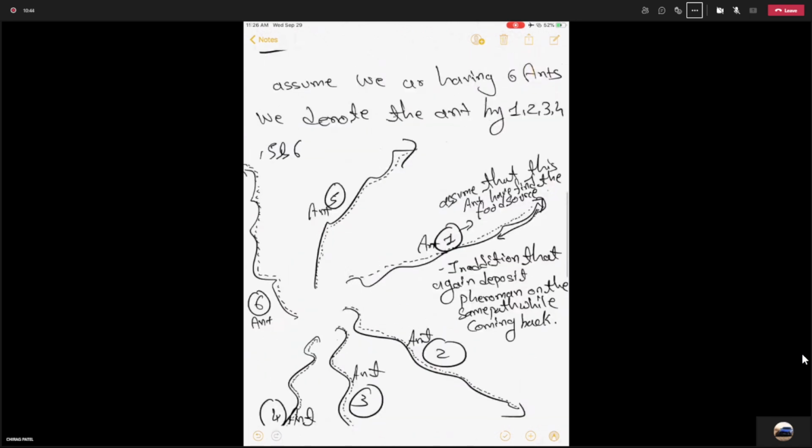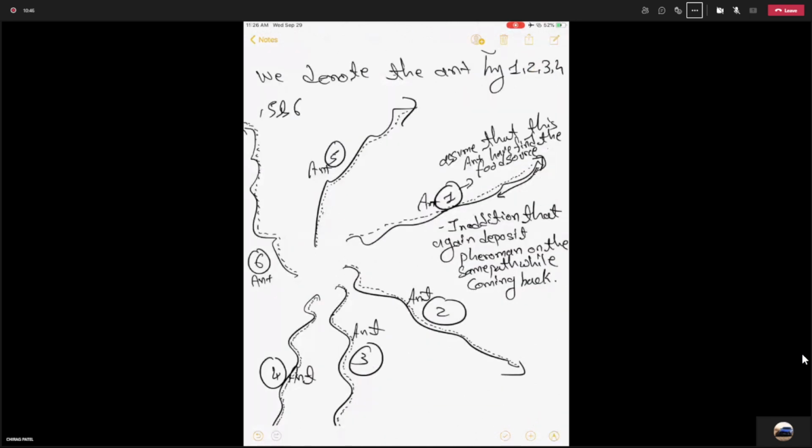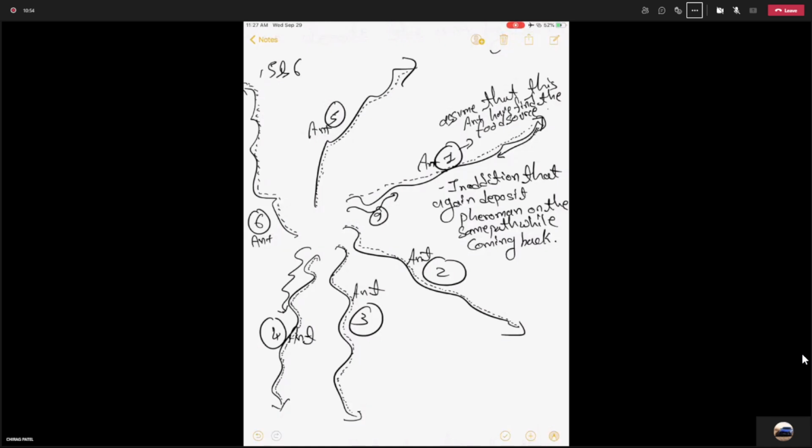So if we can draw over here, suppose one of the ants follows this path, ant number 9. One of the ants follows this path, this is ant number 7. Some might follow this path, this is ant number 8, and this one is following some other path. This is ant number 10, right? Again, these 4 will do the same procedure to find the food source.